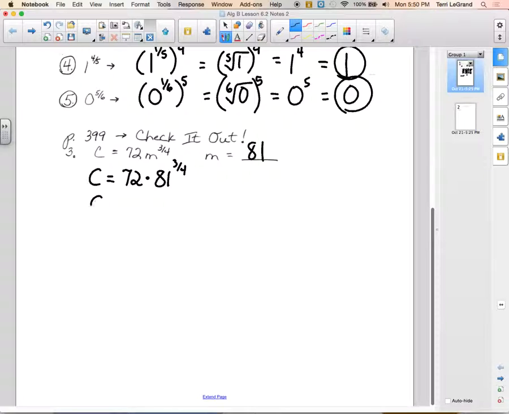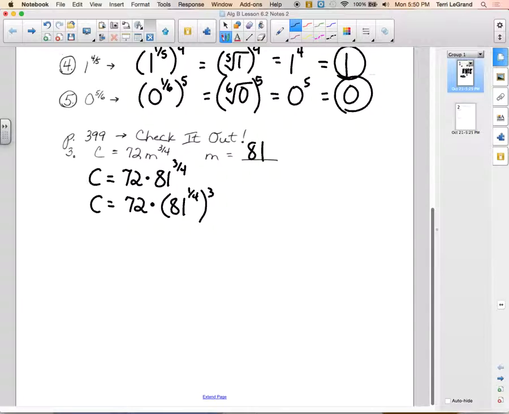So again, multiplication does not get done first. Evaluating the power does. So we're going to rewrite the power. 81 is going to be to the 1/4 power, and that will be taken to the 3rd power, just like we had been doing up above.